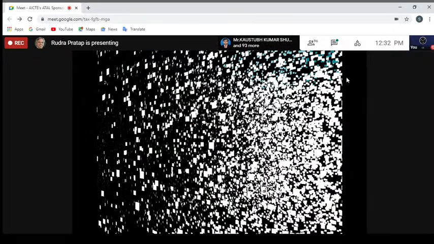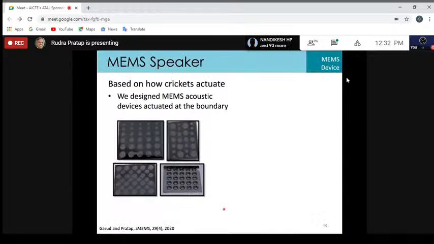And then we figured that, okay, let's take the clue from this design of nature and make MEMS speakers which are built on a similar principle, which is peripheral actuation. You don't have to excite it from the middle.